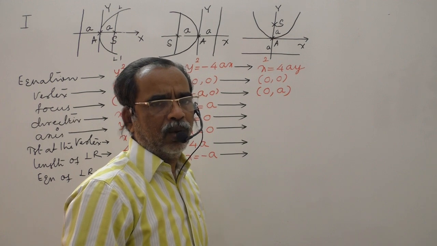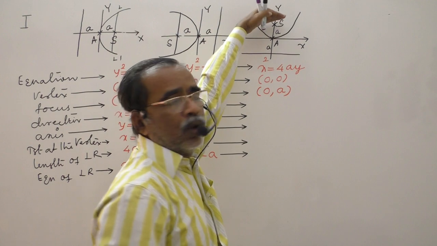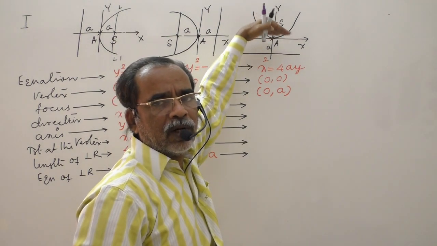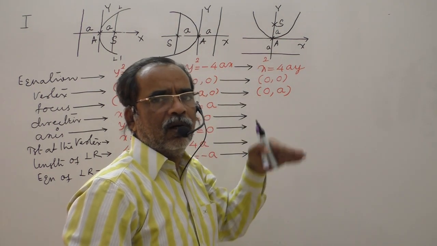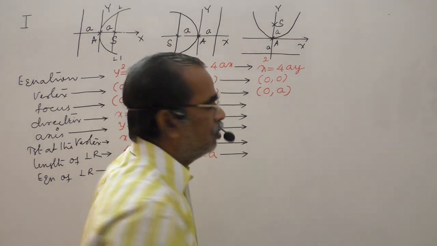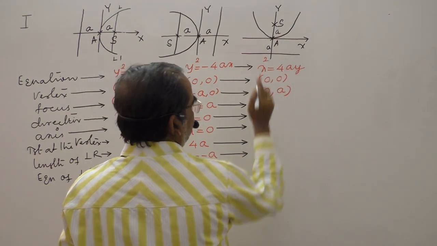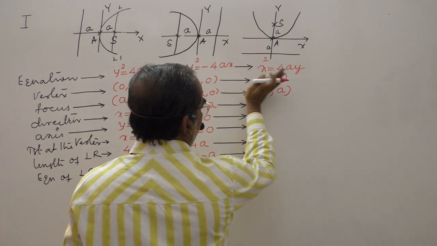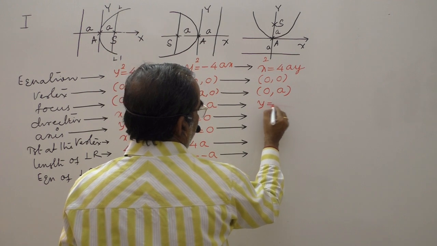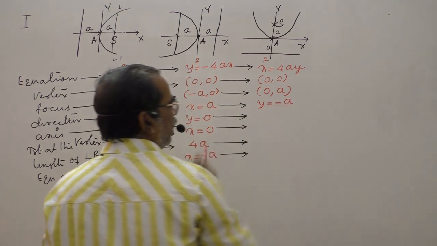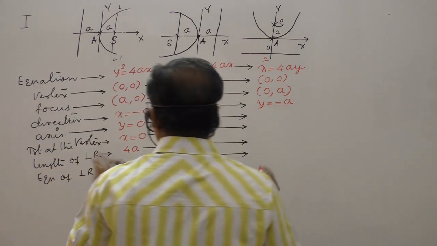Any line parallel to the x-axis is y equal to something: if it is above the x-axis, y equal to plus 1, y equal to plus 2, etc. If it is below, on the negative side, y equal to minus 1, minus 2, etc. So here the directrix is below the x-axis at a distance of a. The equation of the x-axis is y equal to 0. It is below the x-axis at a distance of a, so its equation is y equal to minus a.